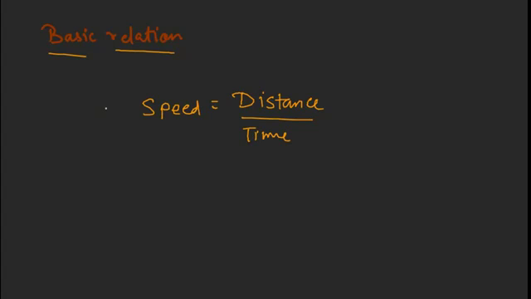What we understand from this is speed is the rate at which we are covering the distance. As far as aptitude is concerned, we don't need to be worried about the theoretical definitions of speed, distance or time.